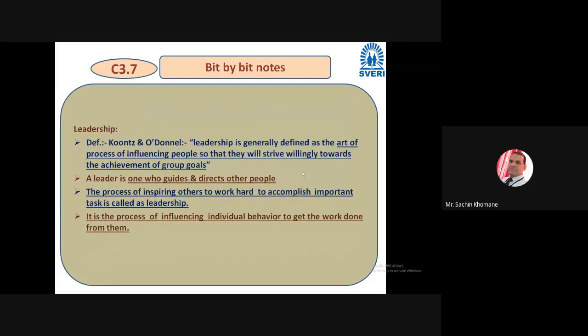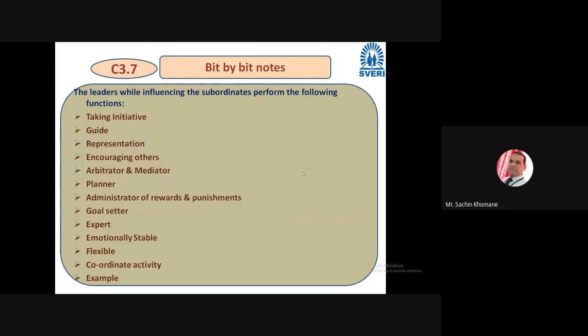Then also we have seen leadership. What is the meaning of leadership, that we have seen, right?